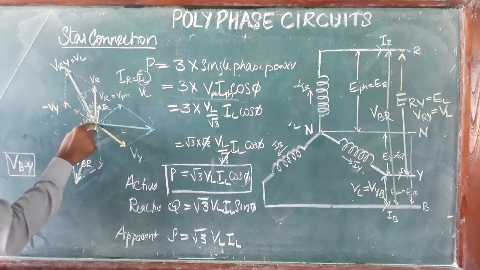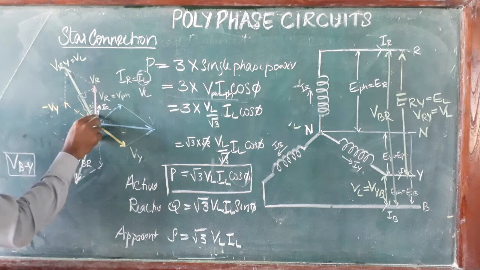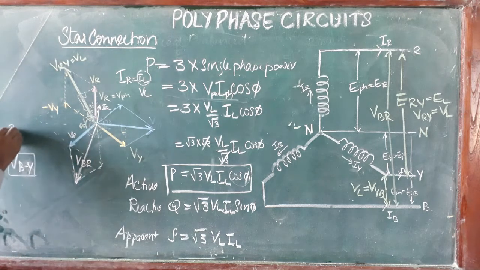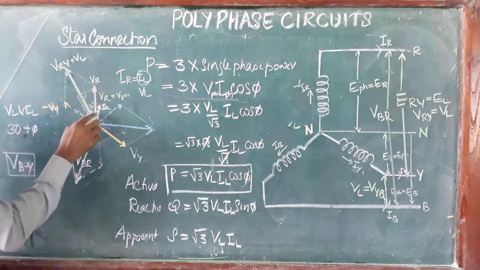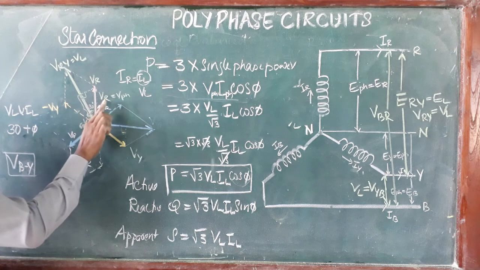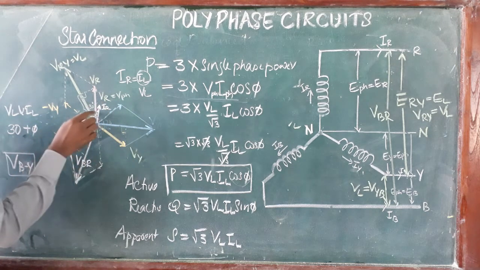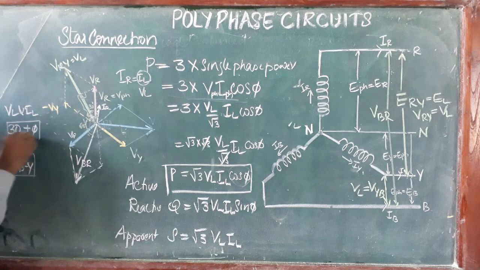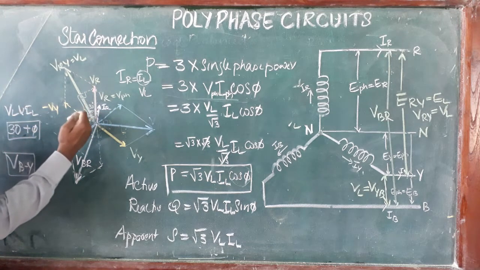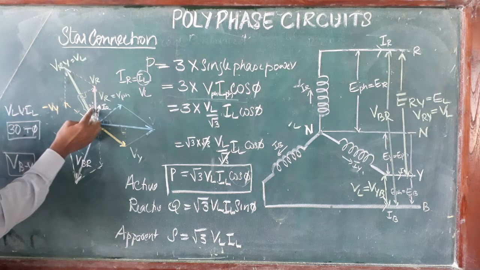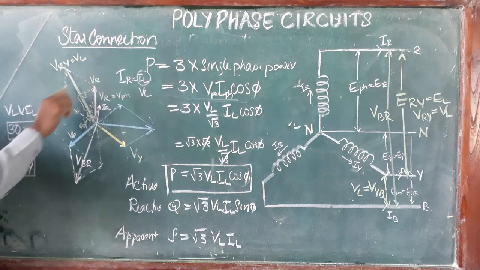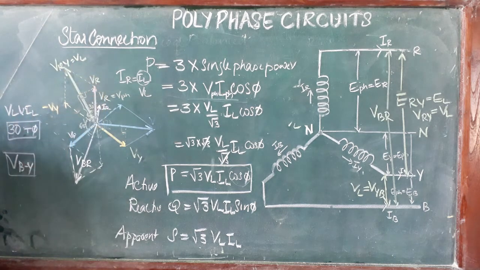The angle between line voltage and line current is 30 plus phi. This is the lagging condition we have taken. So in the lagging condition, the angle between VL and IL is 30 plus phi. In the leading condition it becomes minus, so this becomes 30 minus phi. That is the angle between the line voltage and the line current. Just remember.